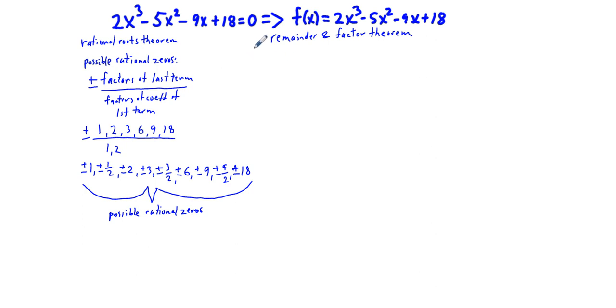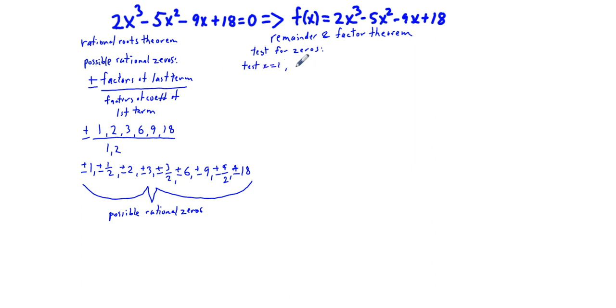Typically for a cubic function, if we find one zero, we have an easier time factoring or otherwise analyzing what we have left. So we're going to test x equals 1 as a zero.